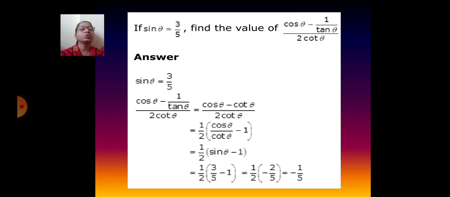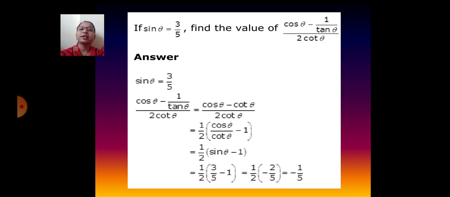So that is equal to 1 upon 2 in the bracket. Now cos theta upon cot theta is what? Sin theta. How? Cos theta upon cot theta is cos upon cos over sin, so cos and cos will get cancelled from the numerator and denominator, and sin theta will go up. So sin theta minus 1.